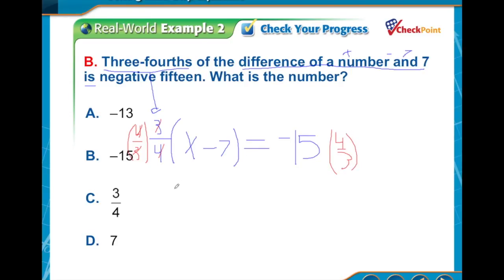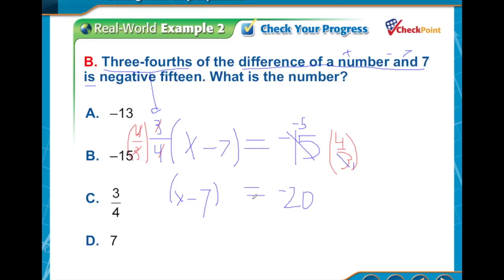On the left, we'll have just x minus 7. On the right, we see 3 goes into 3 once, 3 goes into -15 5 times. Don't forget the negative. So we have now -5 times 4, which is a -20.